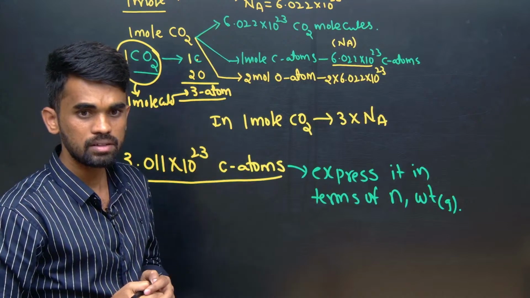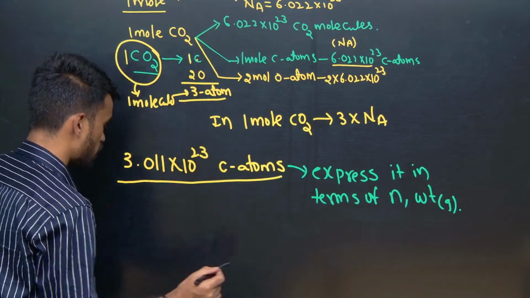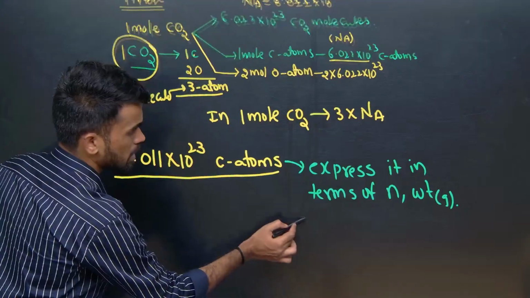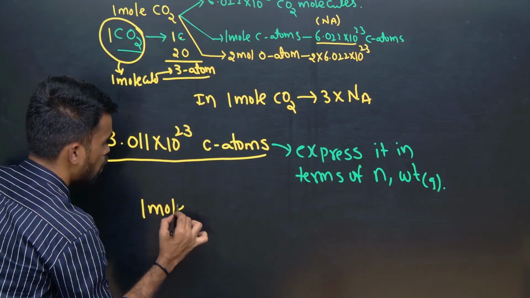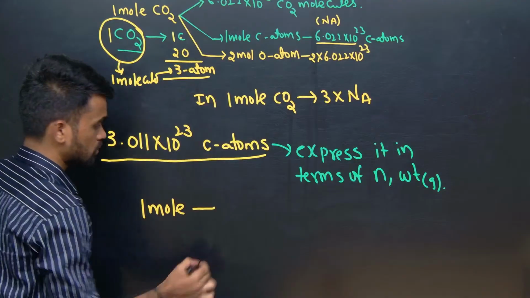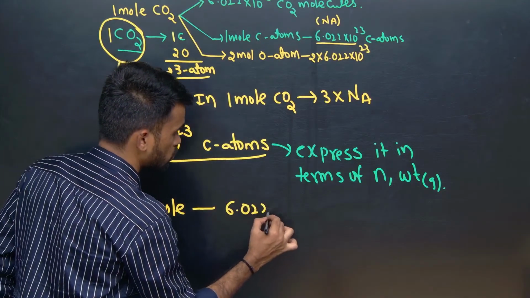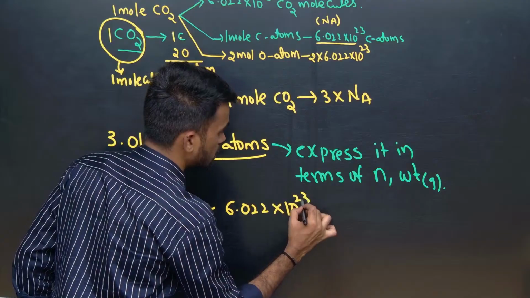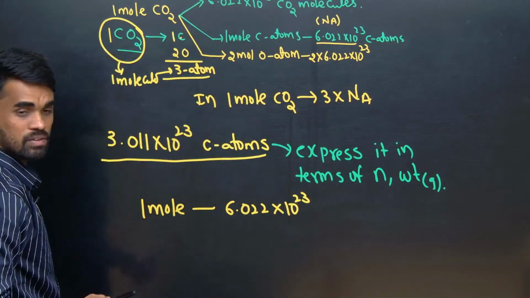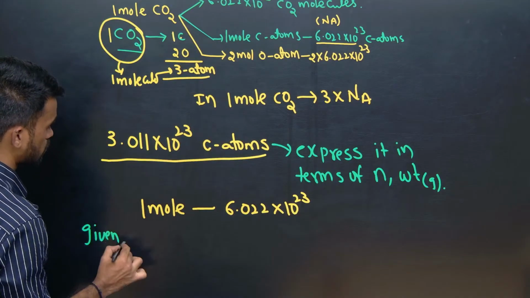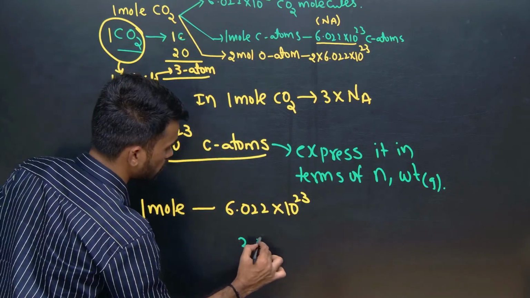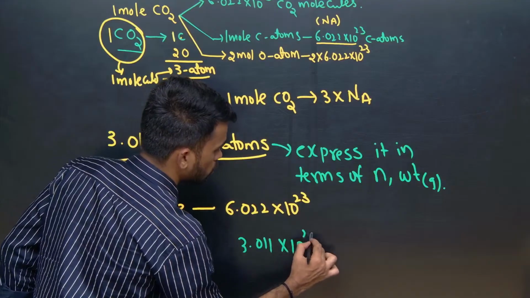We know 1 mole means how many carbon atoms? 6.022 × 10^23 carbon atoms. How many atoms are given here? 3.011 × 10^23.